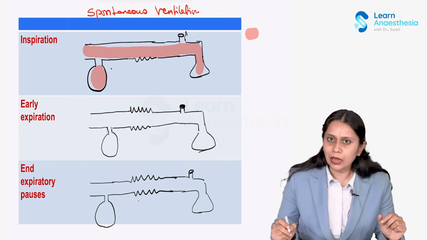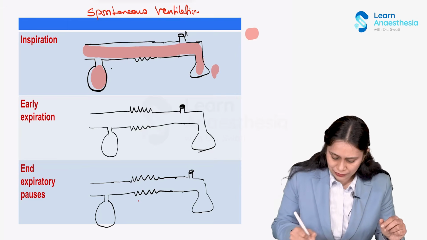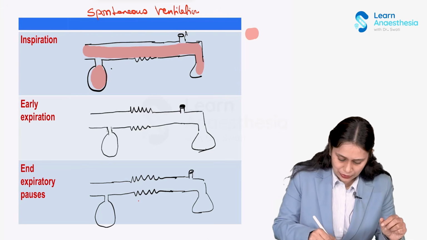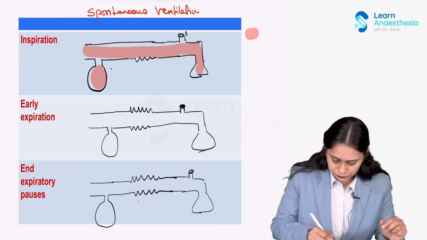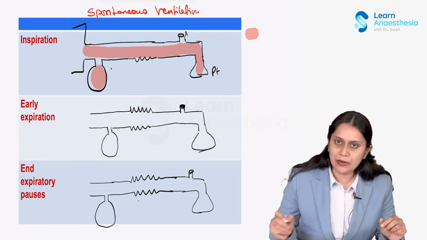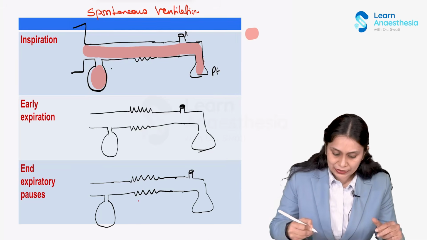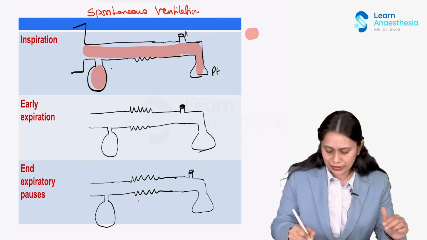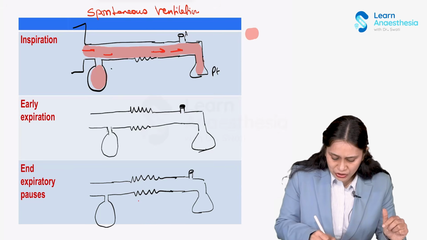Now, during inspiration, this is the patient's end, and this is the anesthesia machine end. So during inspiration, the patient takes the fresh gas, and the fresh gas moves from your machine, the fresh gas inlet, and also from this bag.